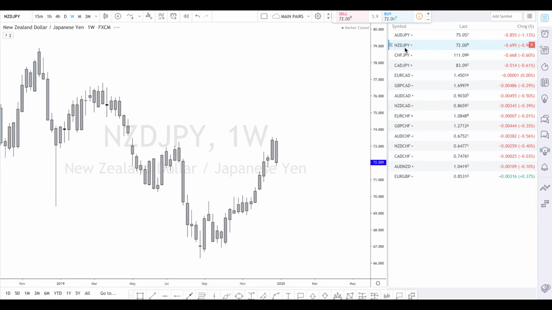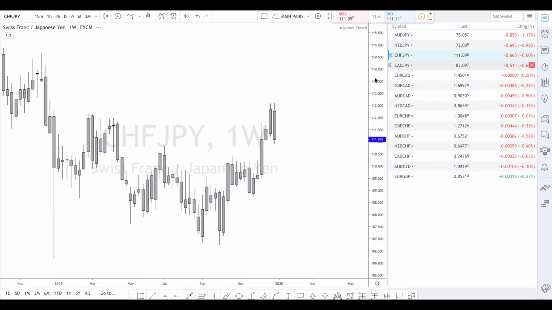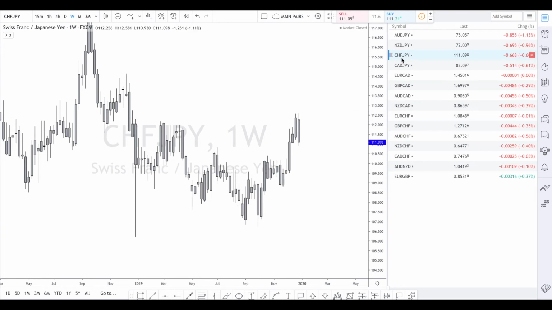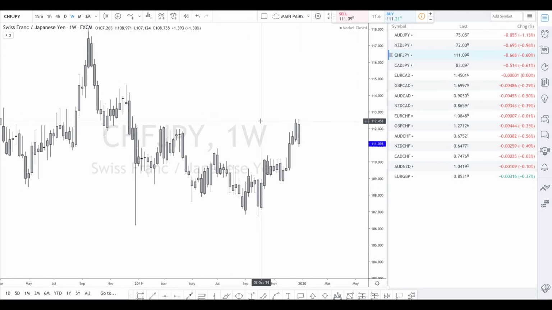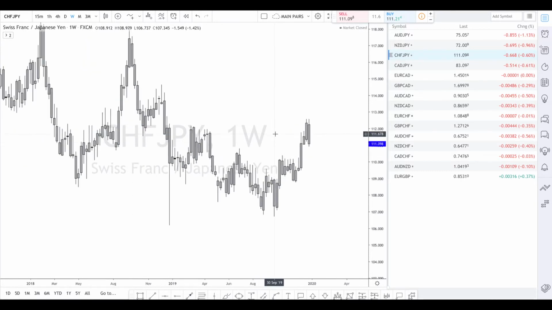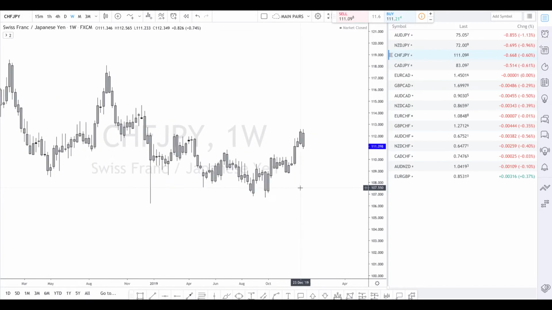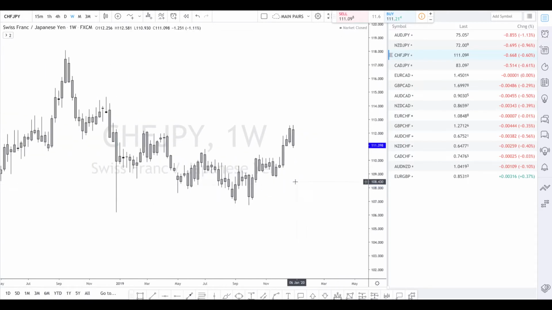So when you go through, you can see they all have their own degree of movement. So Swiss franc and yen are both safe haven currencies, but of course, obviously, yen is the number one safe haven currency. So Swiss franc yen for me is also just an indication of where investors are flocking to more.